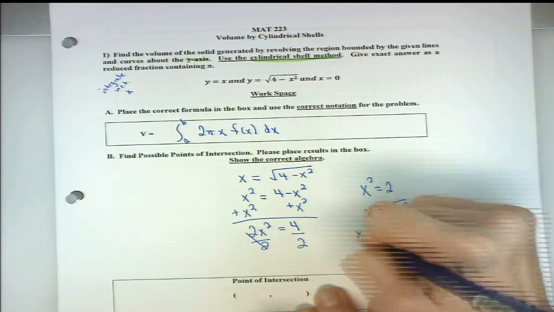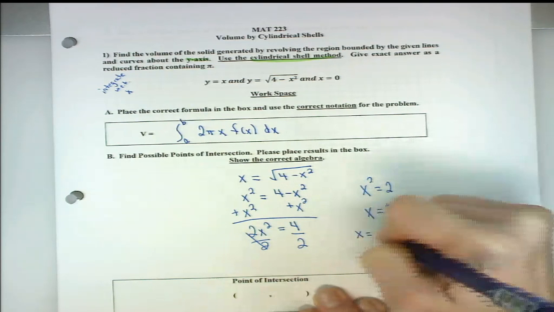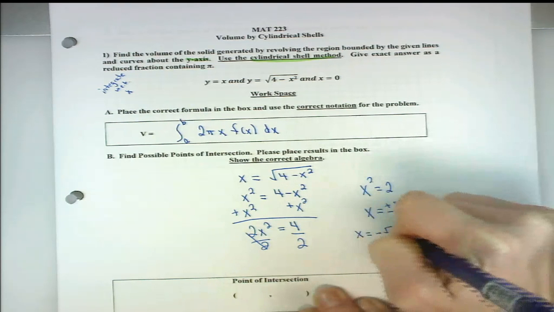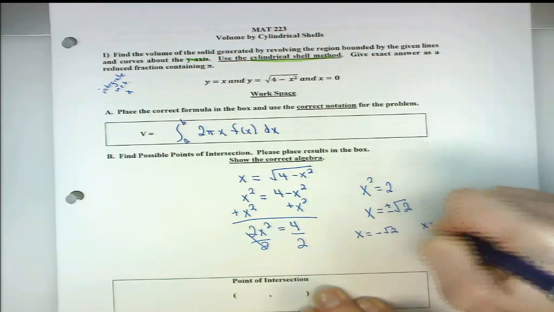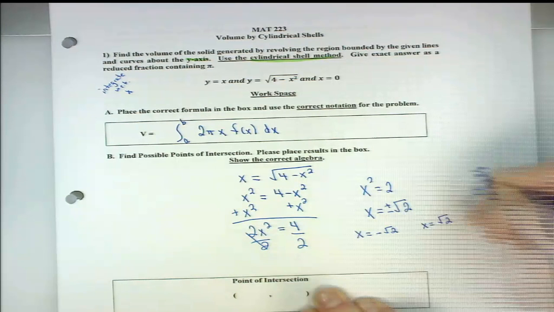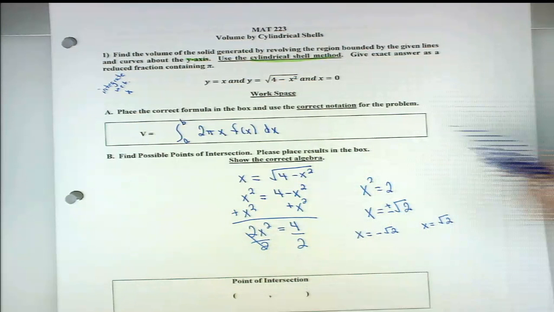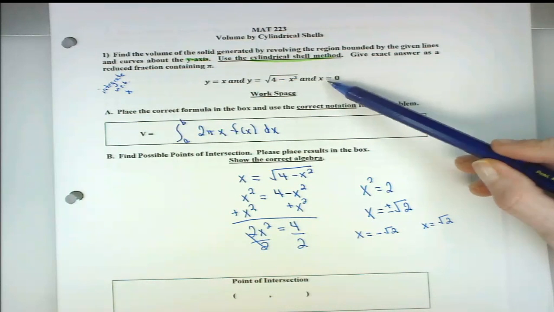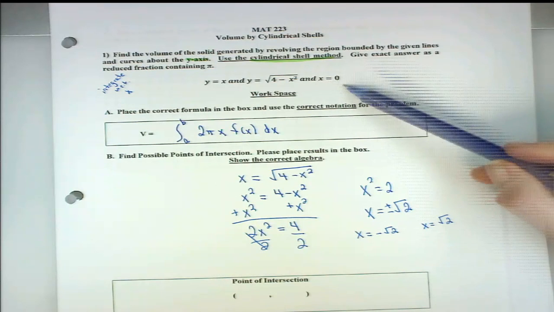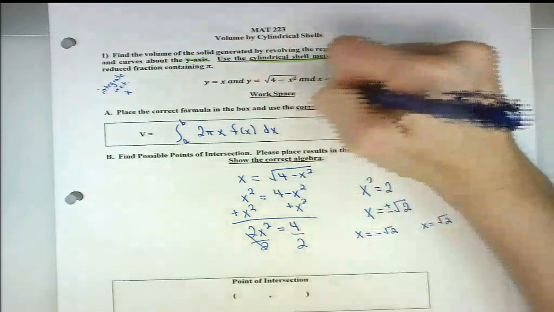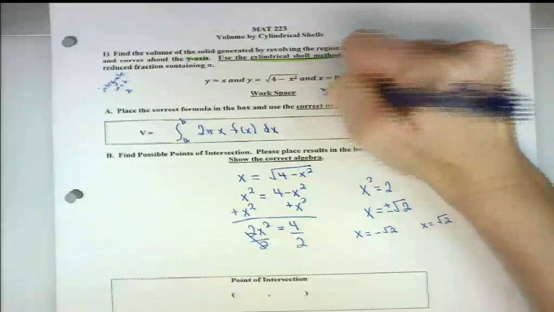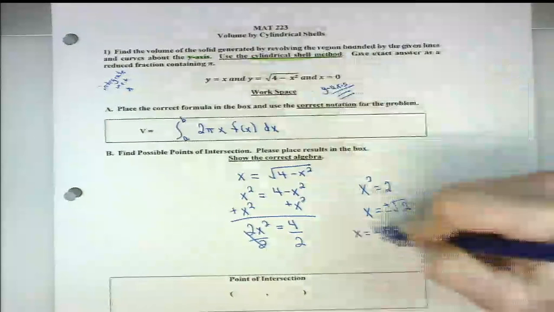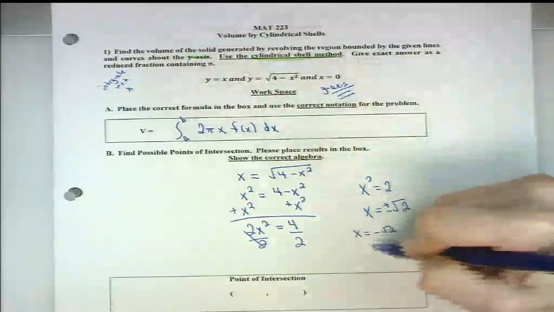So x is equal to a negative square root of 2, or x is equal to a positive square root of 2. That equals 0 is a boundary, and this is the y-axis. You'll see this in the graph.